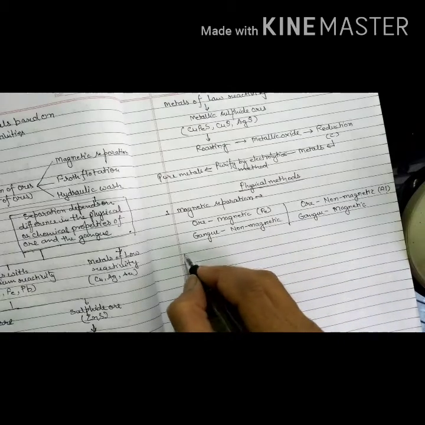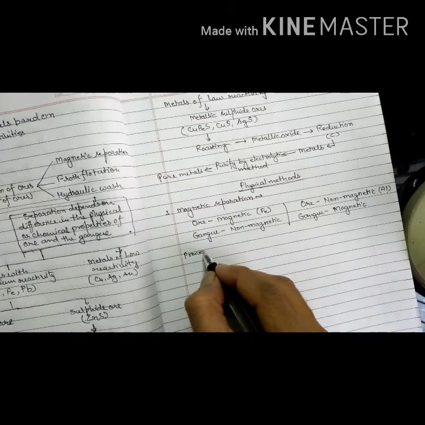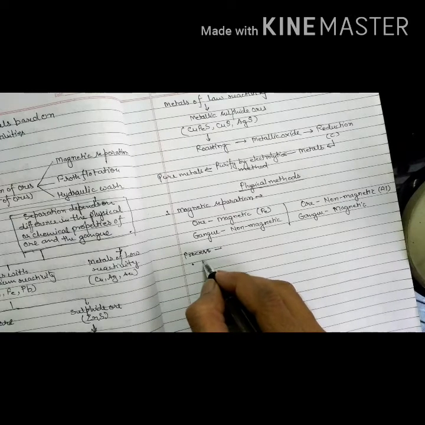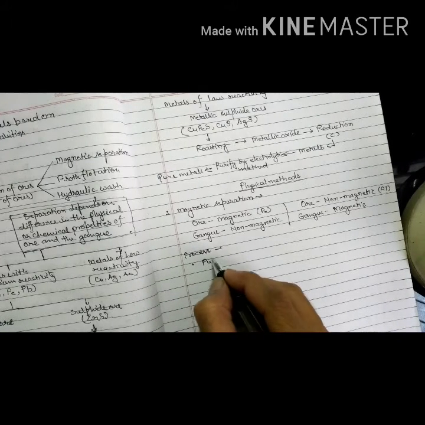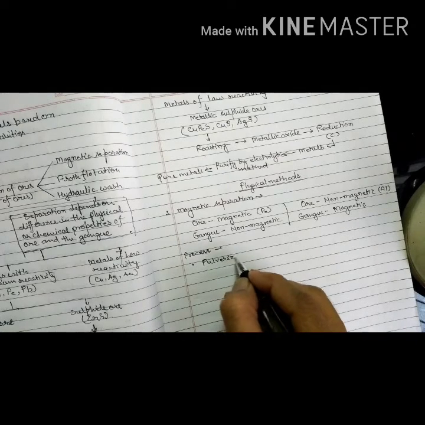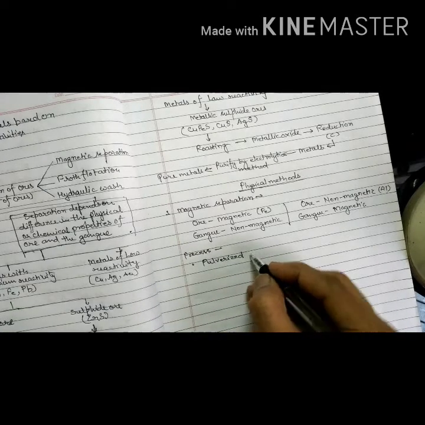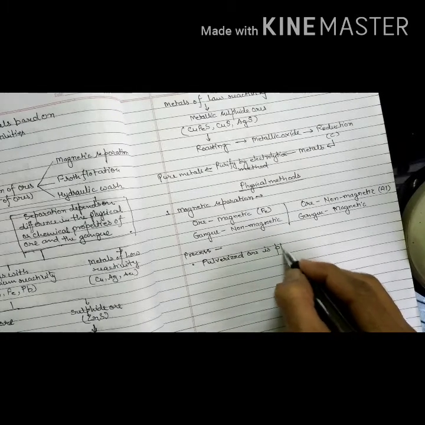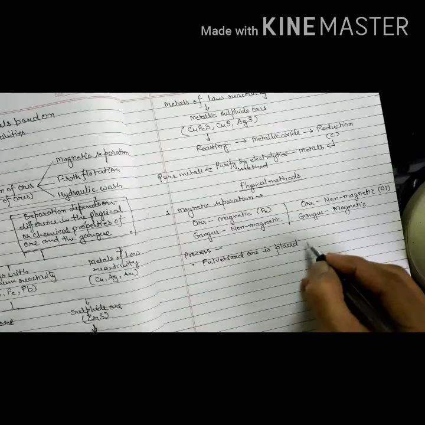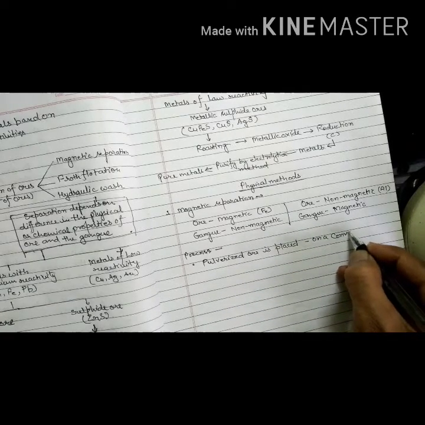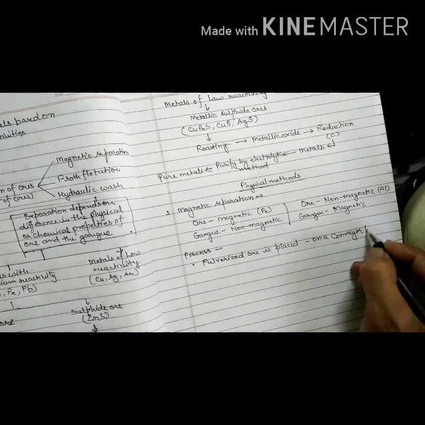So the process is: first is pulverized. Pulverized, this is powder form. Ore is placed on a conveyor belt.